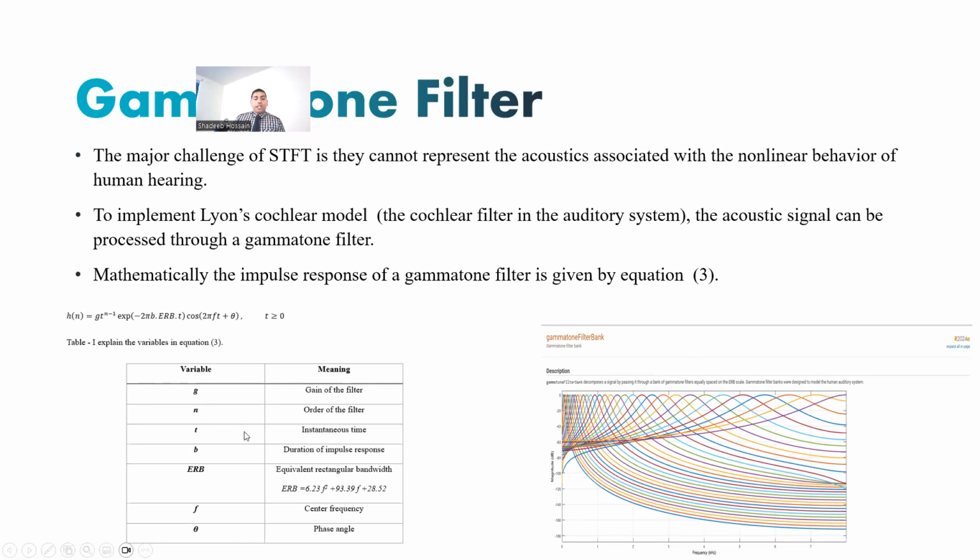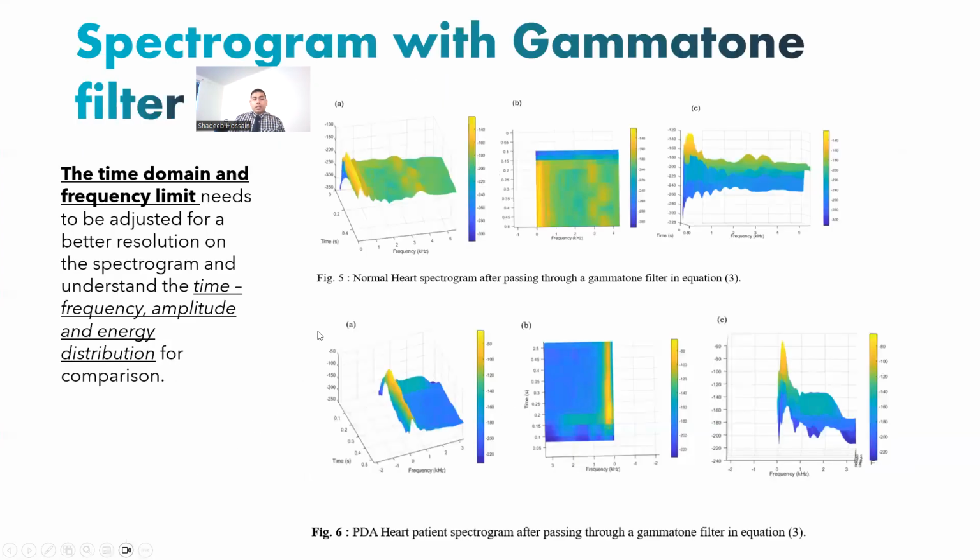All the specifications are given over here. What we try to do is pass the normal signal and the one from the PDA patient through a gammatone filter, and we try to see the spectrogram as a function of time as well as frequency. We analyze the time, frequency, amplitude, and energy distribution.